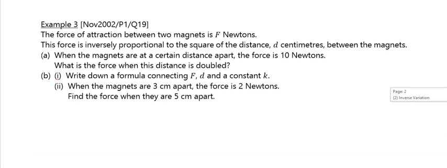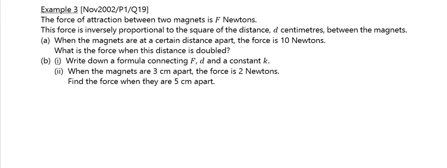Let's proceed to example number 3, taken from a past paper, November 2002, paper 1, question number 19. Let's begin to read the question. The force of attraction between two magnets is F newtons. So that's your first value, force equals F. This force is inversely proportional to the square of the distance d.